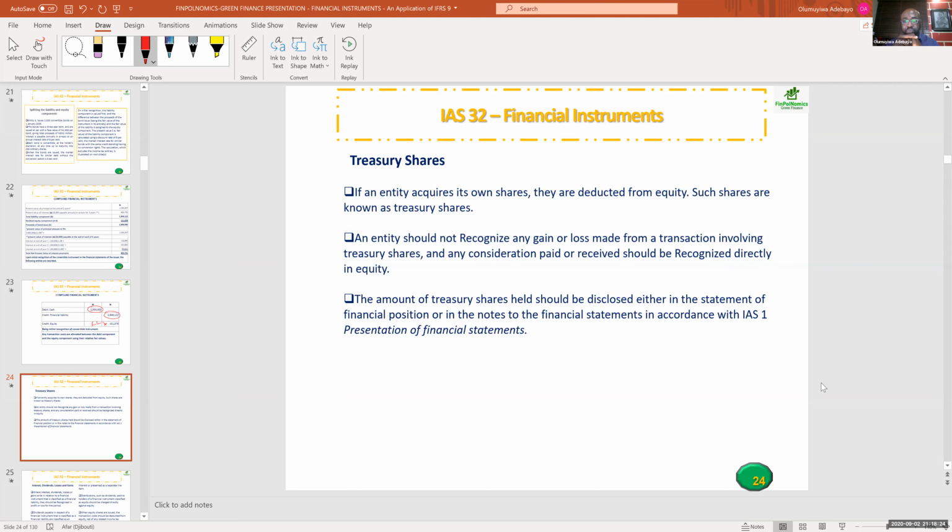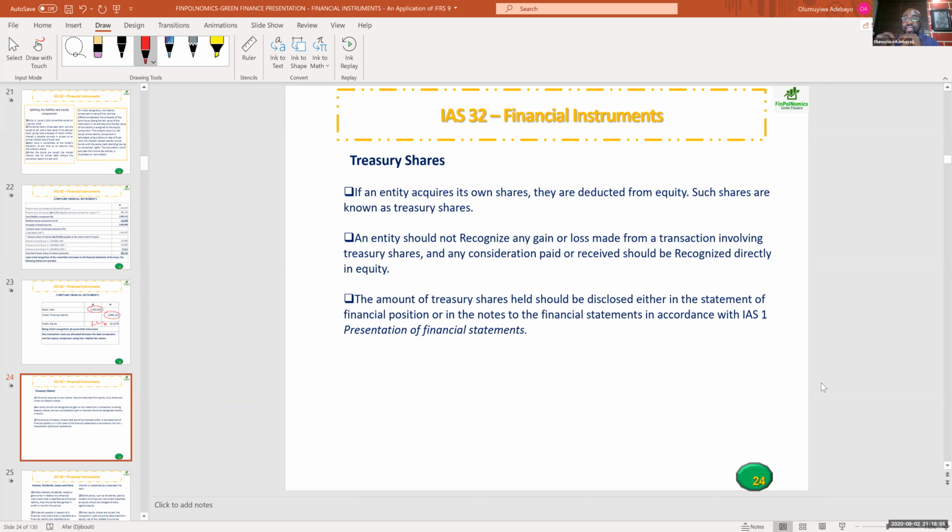There are reasons for doing so. One of those reasons is to buy such shares and cancel them, majorly when a company is overcapitalized. Instead of having idle funds, they decide to buy back their shares. When treasury shares exist, such shares are deemed not to be in existence, whether they are cancelled or not.